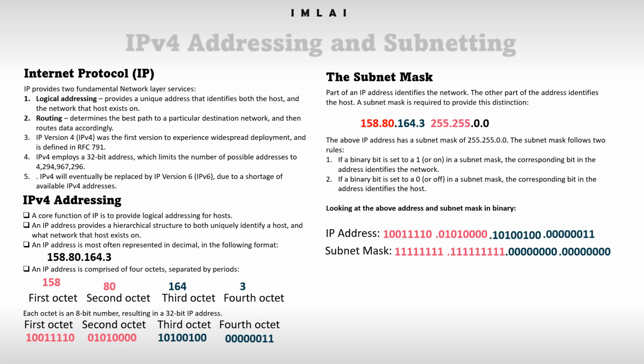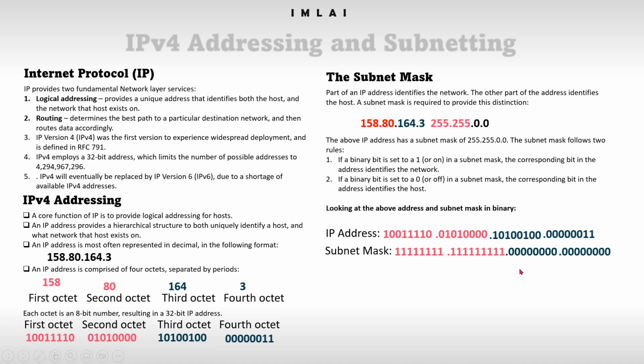For all the zeros in the subnet mask, the third octet and fourth octet, it means the third and fourth octets of the IP address identify the host. To make it simple, the first 2 octets of the IP address identify the network. Once you enter inside the network, then this many combinations you can have to identify your hosts. That's it. This is one example.